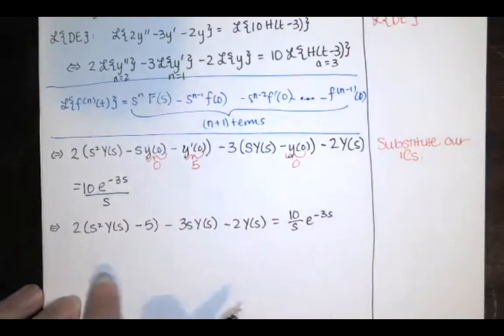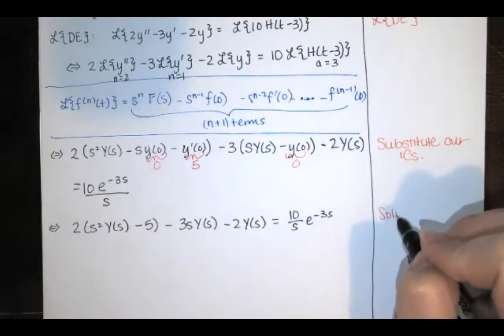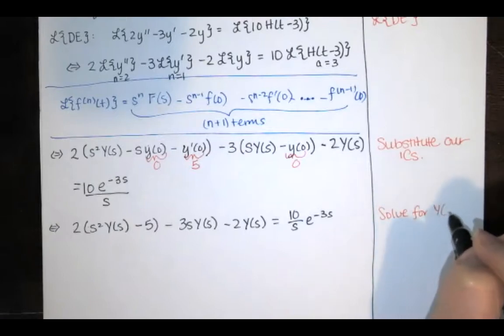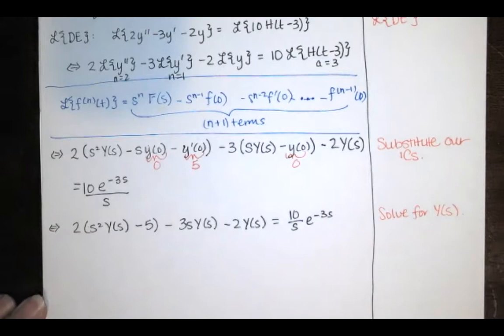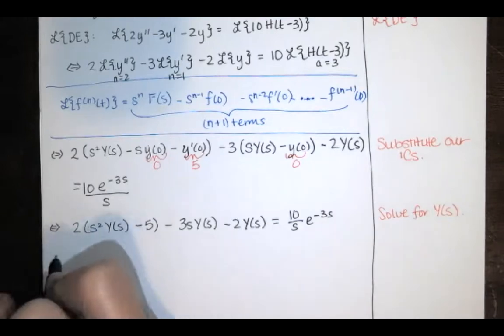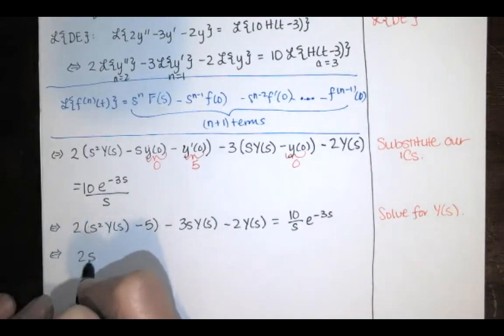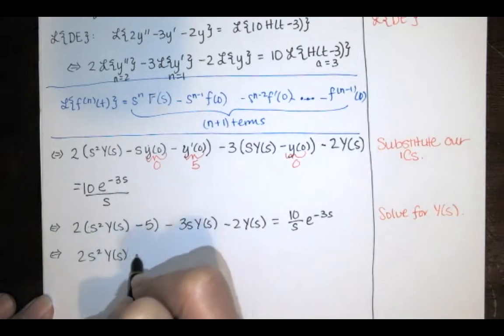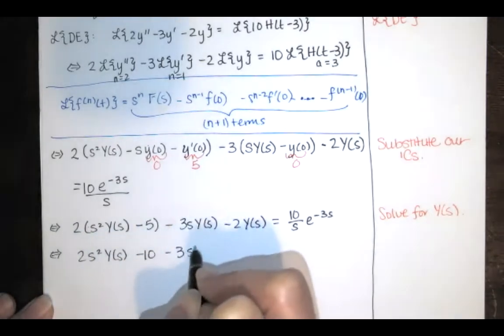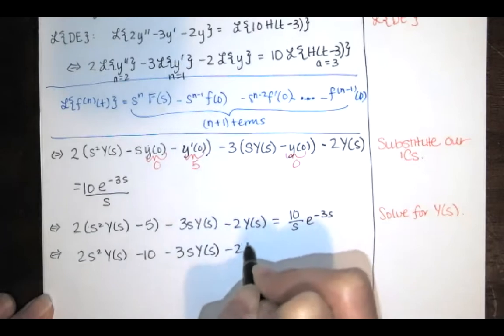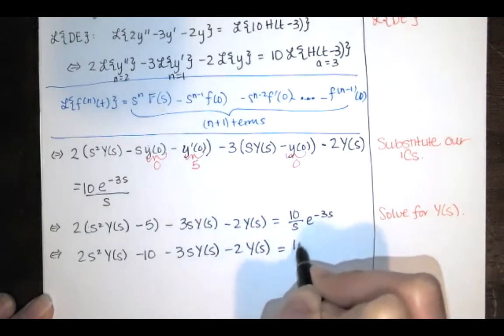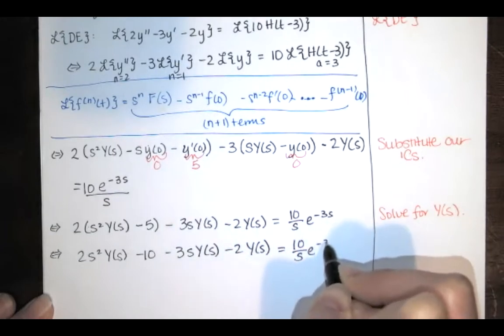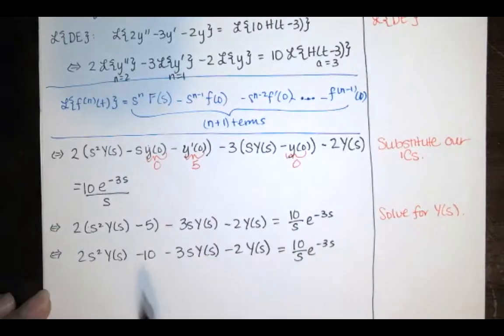Okay, now we're trying to get y by itself here. I want to solve for y, the Laplace transform of our solution. And to do that, I will distribute the 2. And then I will group all of the y of s terms and move any terms that do not involve y of s to the other side of the equation.